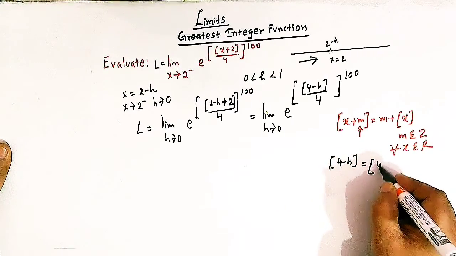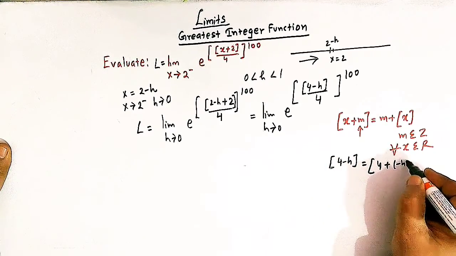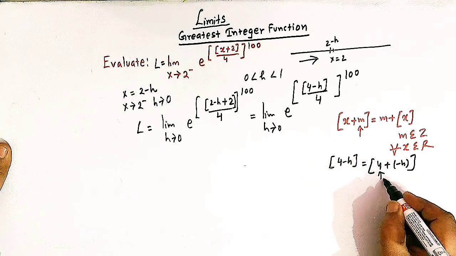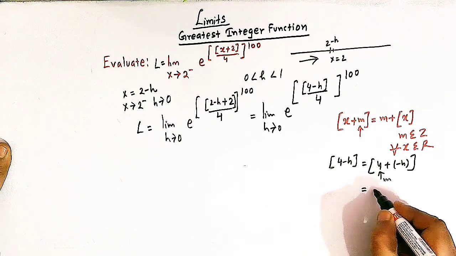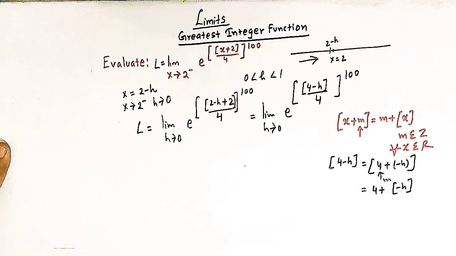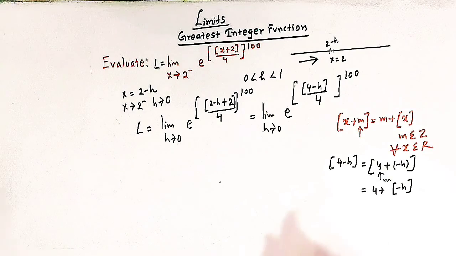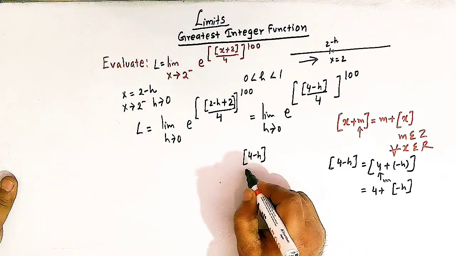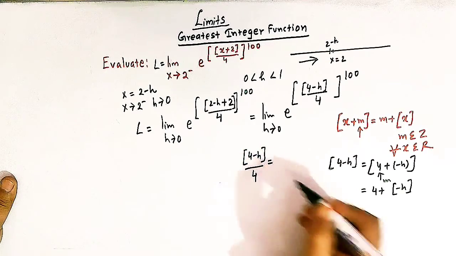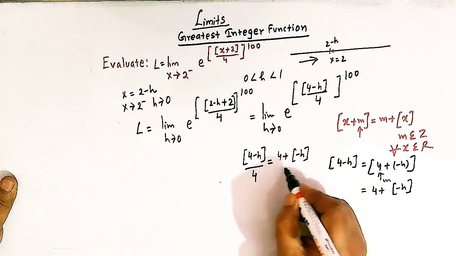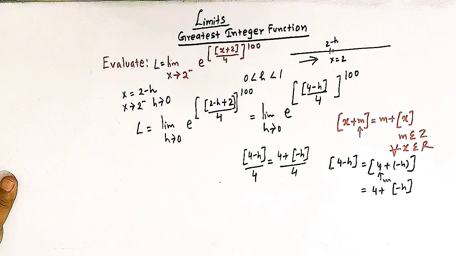So now we can rewrite the term greatest integer of 4 minus h as greatest integer of 4 plus minus h, and we can take this 4 as m. So we can write 4 plus greatest integer of minus h. Now greatest integer of 4 minus h divided by 4 can be written as 4 plus greatest integer of minus h divided by 4.